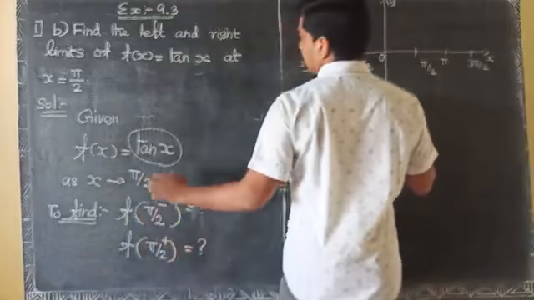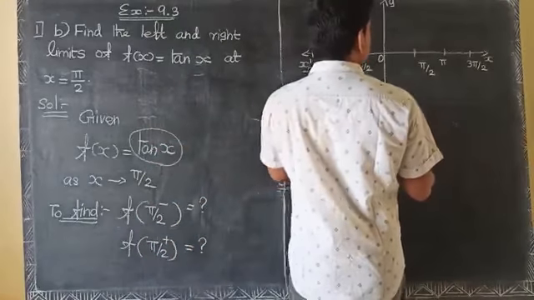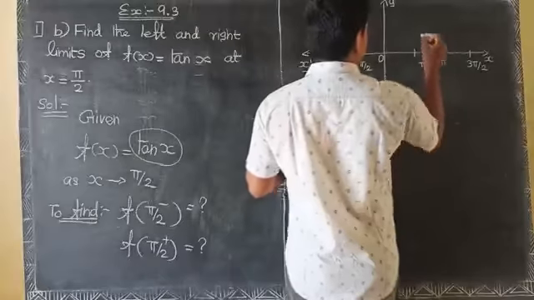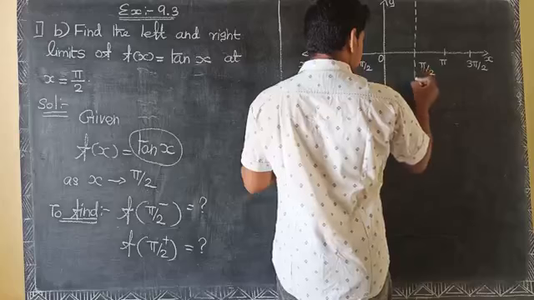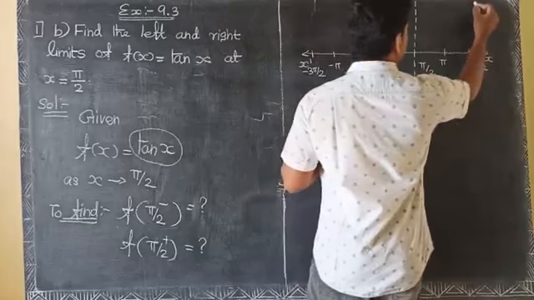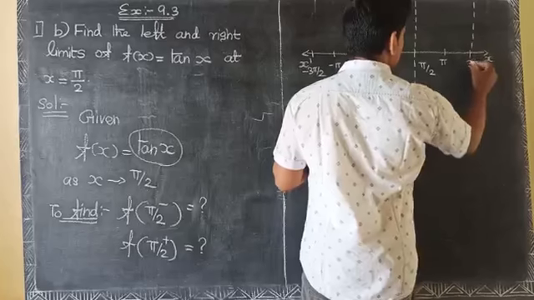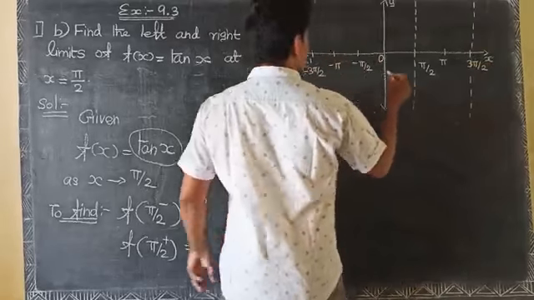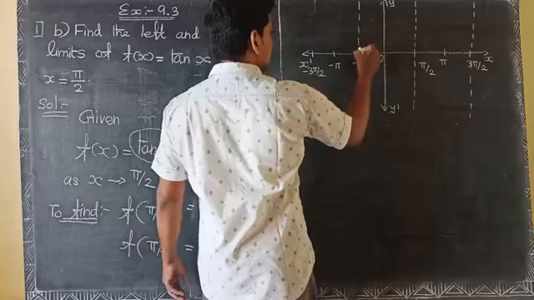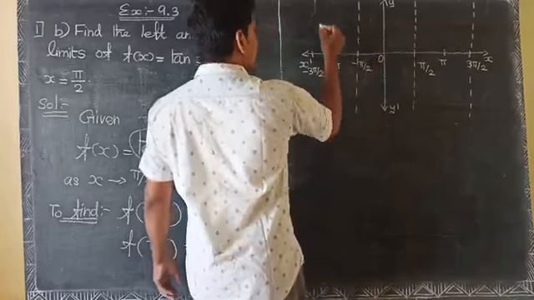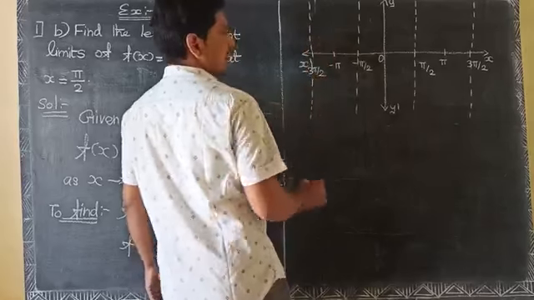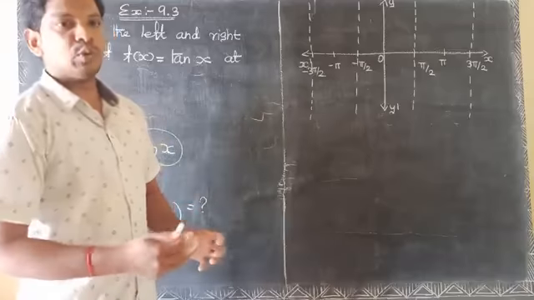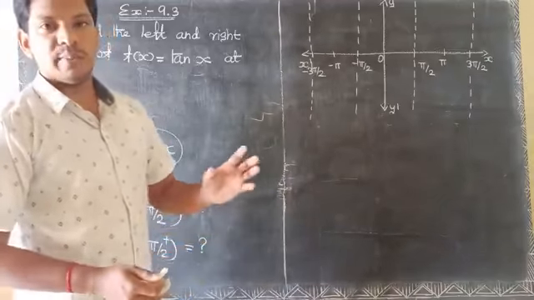The given function is not defined at pi by 2, 3 pi by 2, minus pi by 2, minus 3 pi by 2. Similarly, it is undefined at odd multiples, (2n plus 1) into pi by 2.